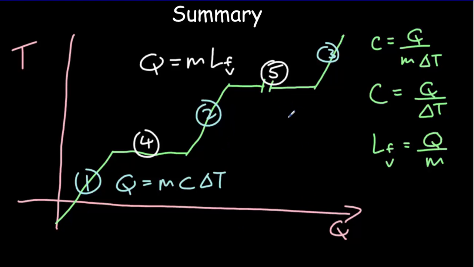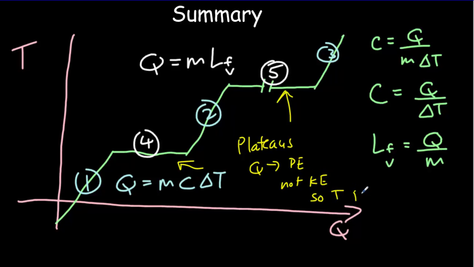And keep in mind, we get these plateaus, these are temperature plateaus, because the potential energy is changing, the bonding is changing, but the kinetic energy is not changing, so the temperature doesn't change. That is, the heat is going into potential energy, not kinetic energy. So T is constant.